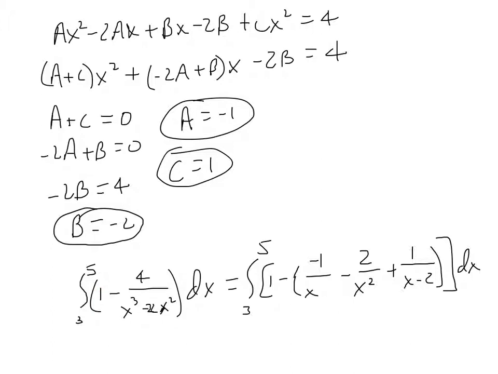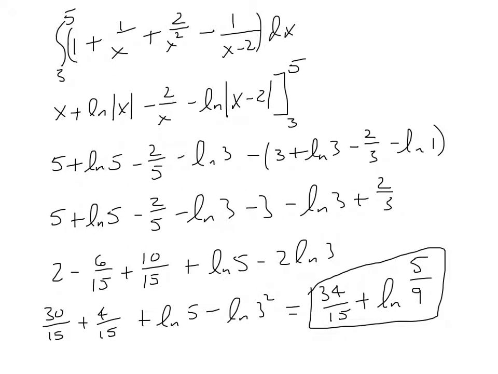So this 1 right here is this 1 here, and then we have a minus, and this whole 4 over x cubed minus 2x squared we've written in the form that we achieved with the partial fraction decomposition. So they're exactly the same. We have the same limits of integration. So now we're going to integrate.